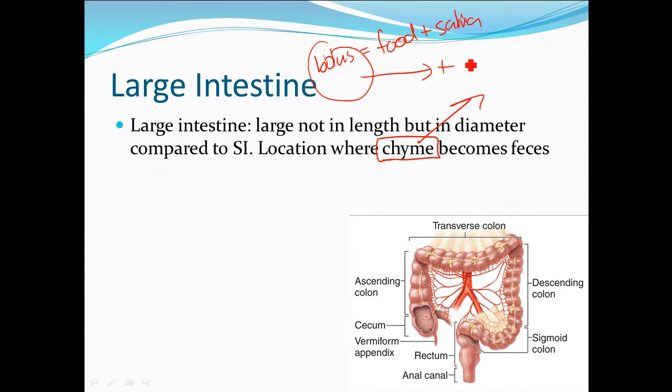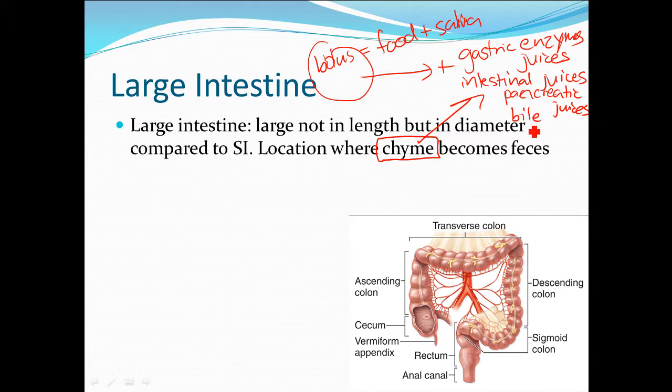Okay, gastric enzymes and juices. And at this point, it's also intestinal juices already involved too, as well, right? Okay, that includes pancreatic juices and also bile as well, and so on and so forth.